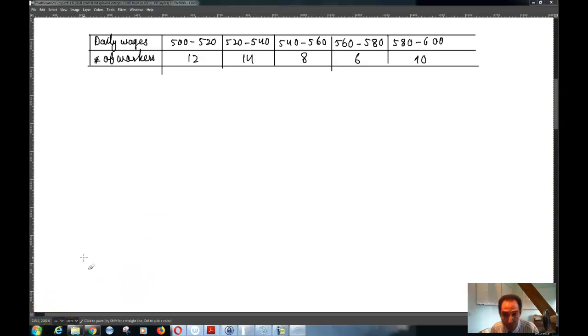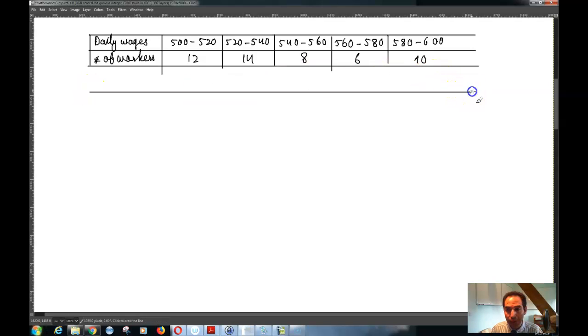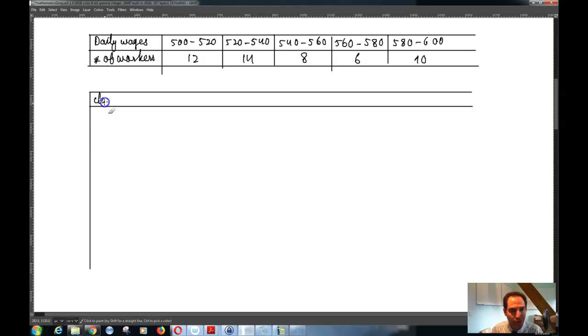In order to find the mean of this data, I can think of my daily wages as my class intervals.